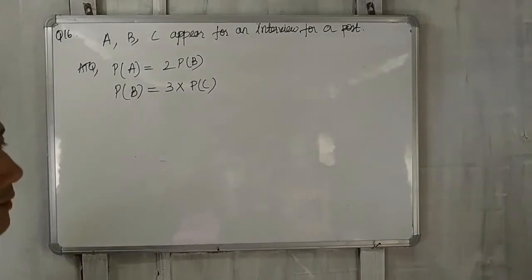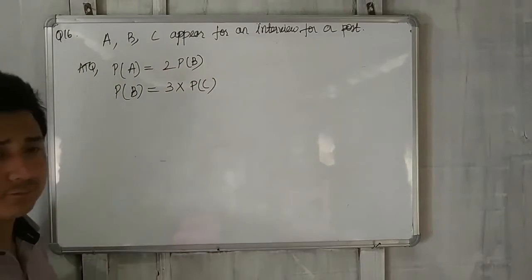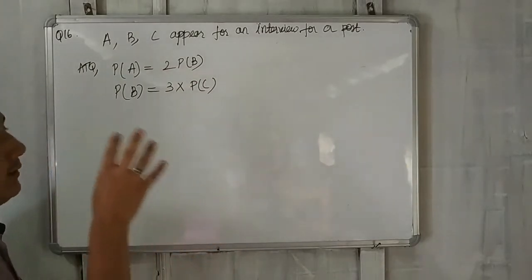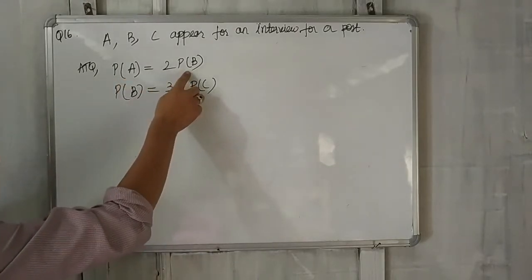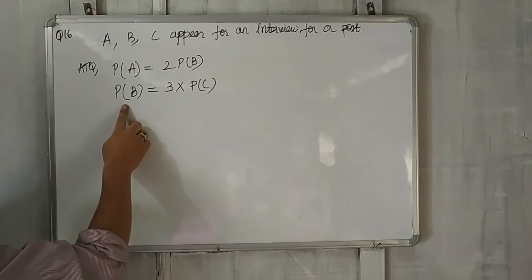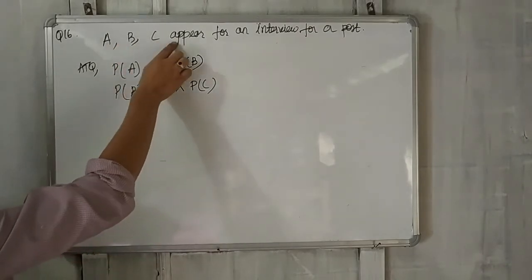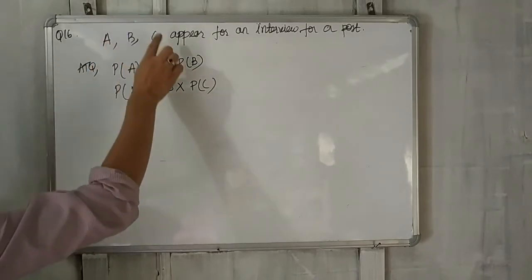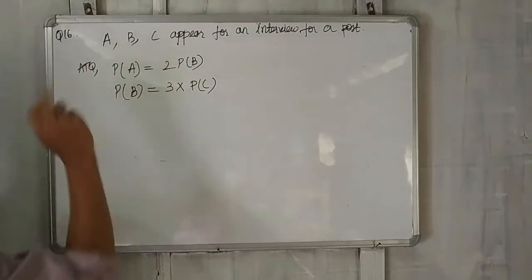That's the question. Once again, there are three people facing an interview for one post. The chances of A being selected is twice that of B, and the chances of B being selected is thrice that of C. So the greater chance of being selected is for A, and C is the least one.